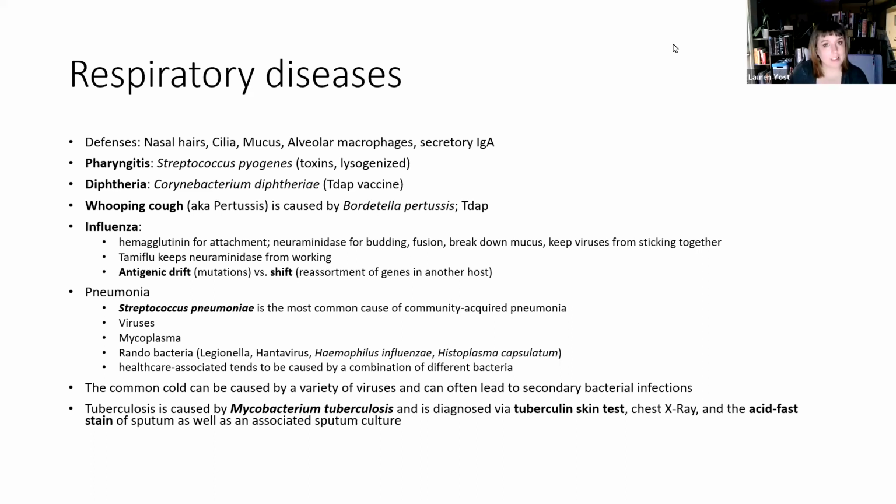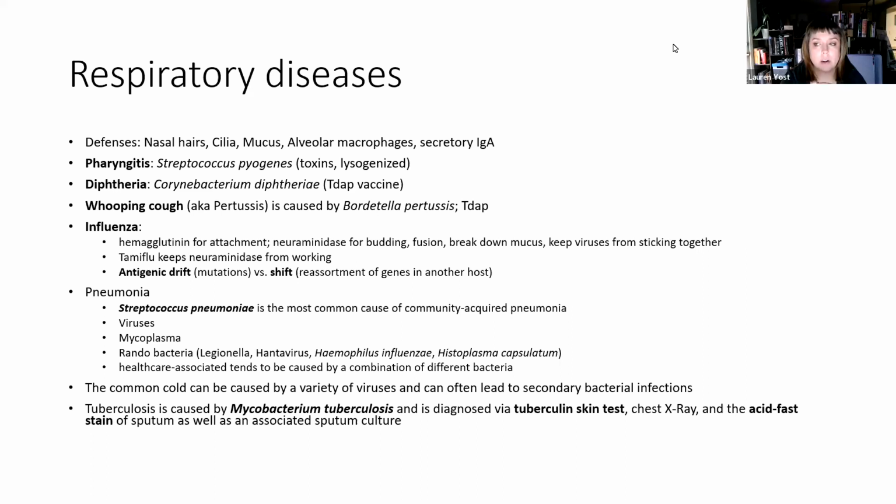Associated with it was a gene that allows for production of an erythrogenic toxin, which is the causative agent for the rash in scarlet fever. So that's Streptococcus pyogenes, and it causes some diseases.